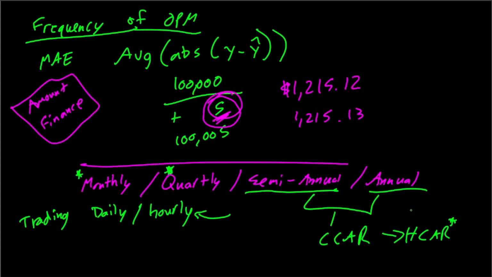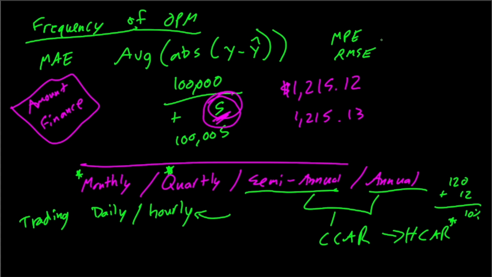So your development data set isn't going to be 100,000. It might only be 120 data points. And if you add 12 new data points in, that's going to be 10% of your data. So that's going to move that metric. That's going to move your MAE or your mean percentage error, or your root mean squared error. Whatever metric you're using, you need to think about how much data it's going to require to make something meaningful here.